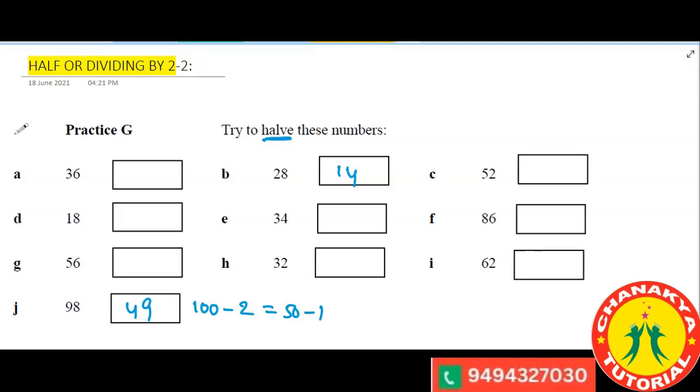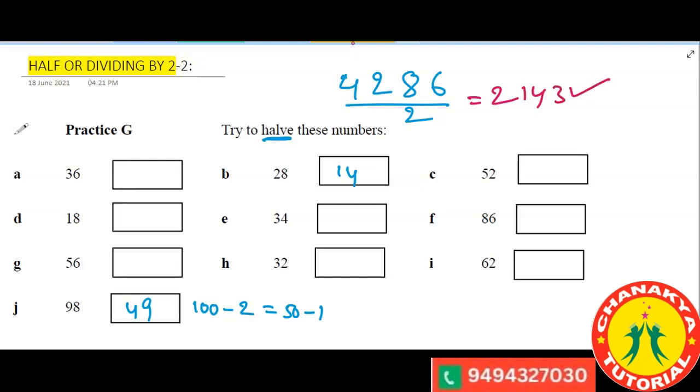And Jitendra. Yes, sir. And one more thing, if all are even digits, we can do 2 divided by 2 and 8 divided by 2. So if all are even digits only, like 4, 2, 8, 6 divided by 2, we can also do digit by digit. 4 by 2 is 2, 2 by 2 is 1, 8 by 2 is 4, and 6 by 2 is 3.